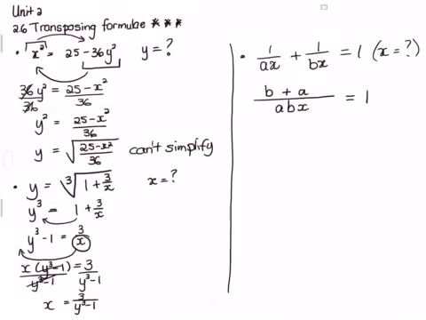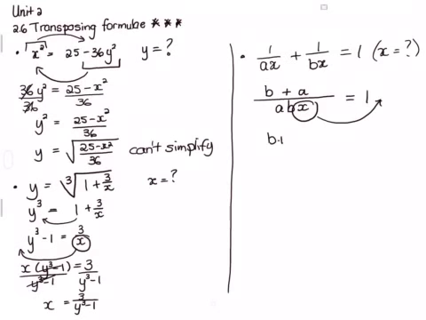Now here comes the nice part. Yes, we don't want a fraction, but we actually just want to get the x out. We want the x to come across. So we don't need to take the AB across because it is one term. They're all being multiplied.